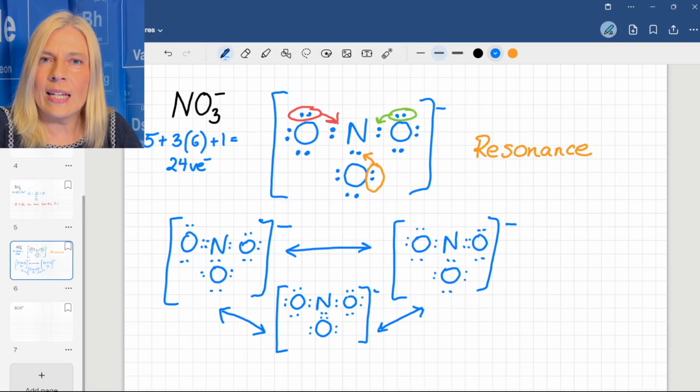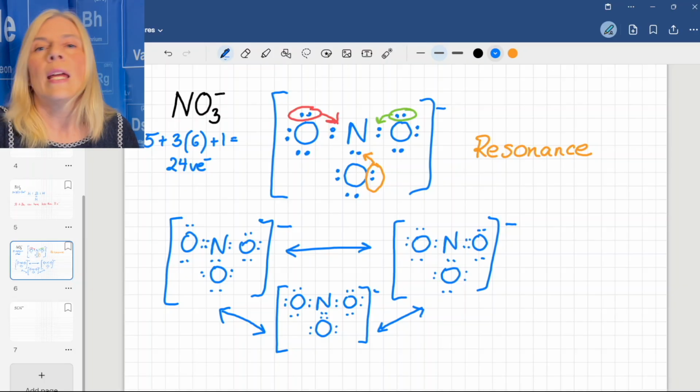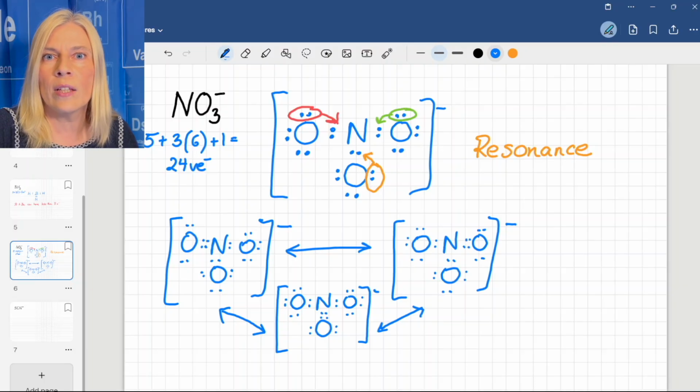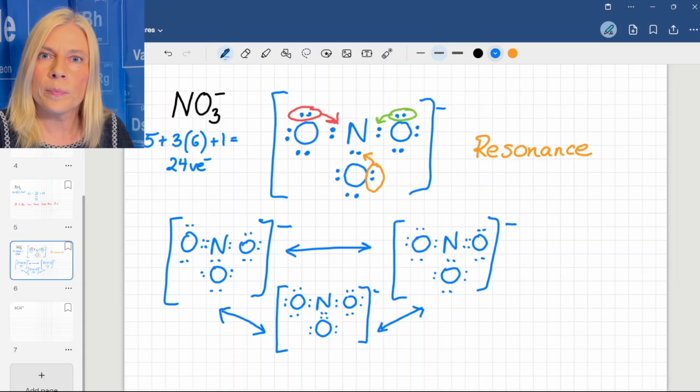So if we take nitrate and we actually measure the distance between the nuclei of oxygen and nitrogen with the special machine that can measure distances between nuclei, if one of these structures was correct, we would get an answer saying there are 2 bonds which are longer, meaning 2 single bonds, and 1 bond that is shorter.